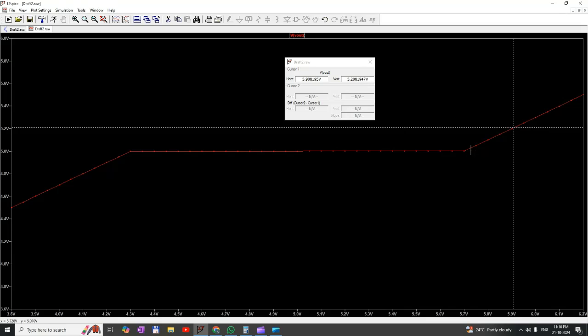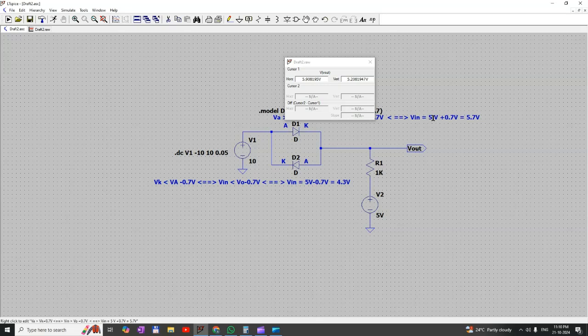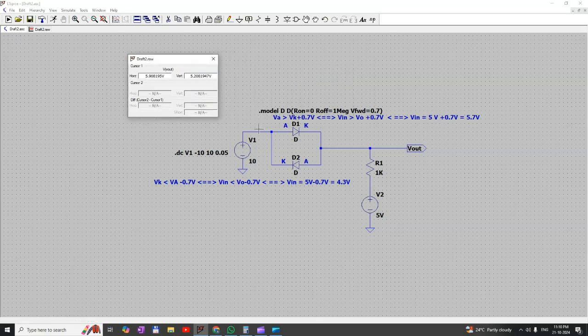In this case, when diode D1 starts conducting, V out is equal to V in minus 0.7 volt, because V in is equal to V out plus 0.7 volt, that is 5 volt plus 0.7 volt.